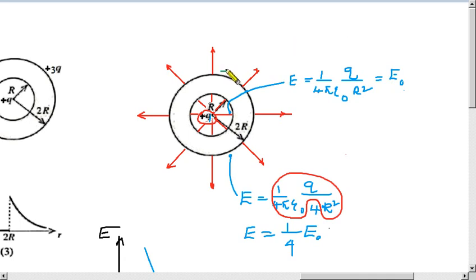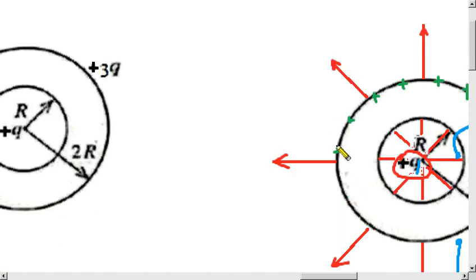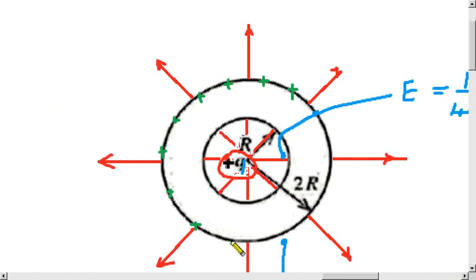So I mark it using green color on the surface like this. It is distributed on the surface, but it acts as if it were at the center.